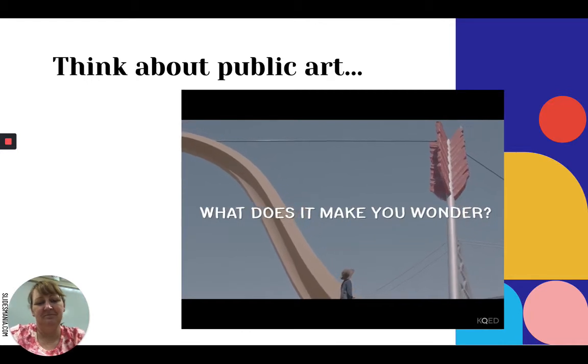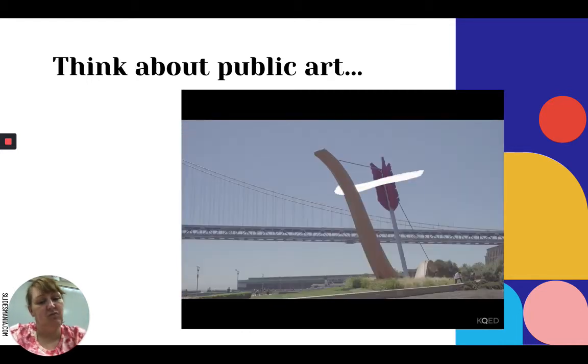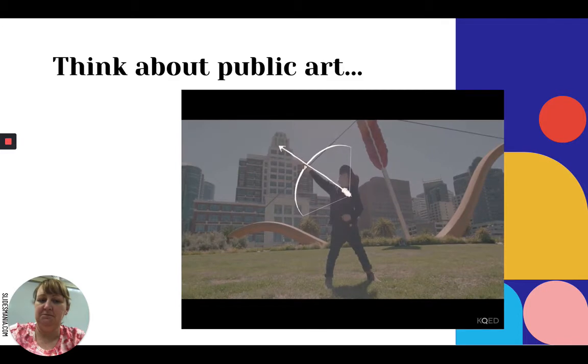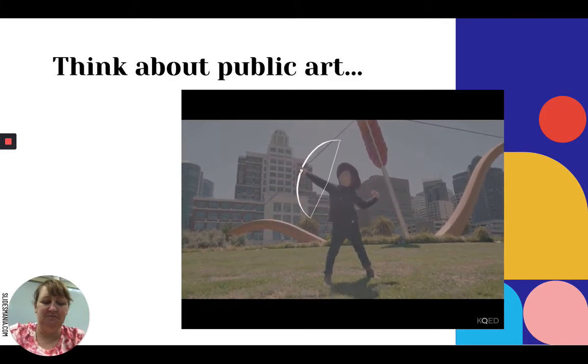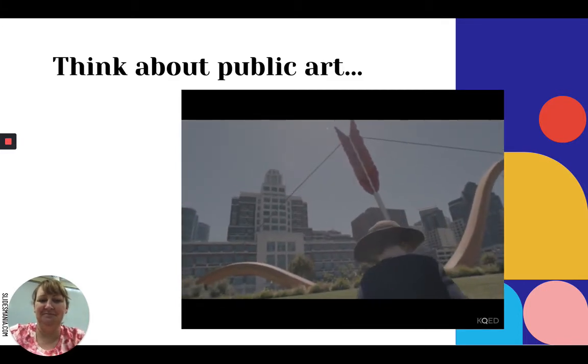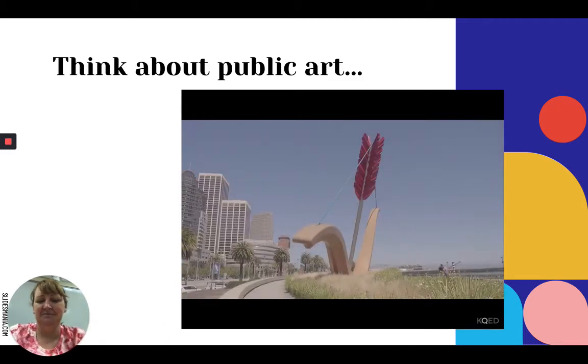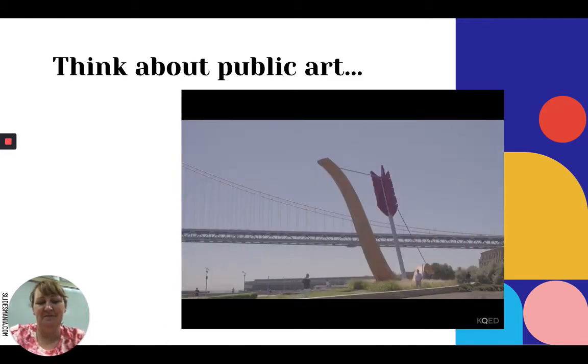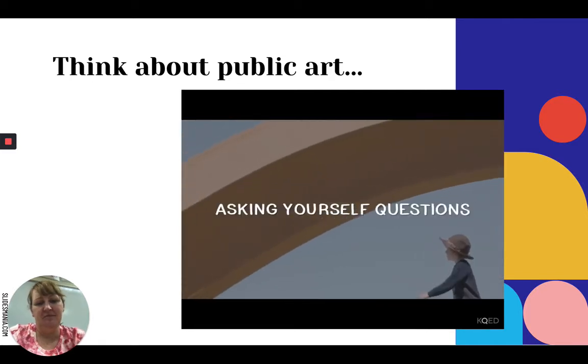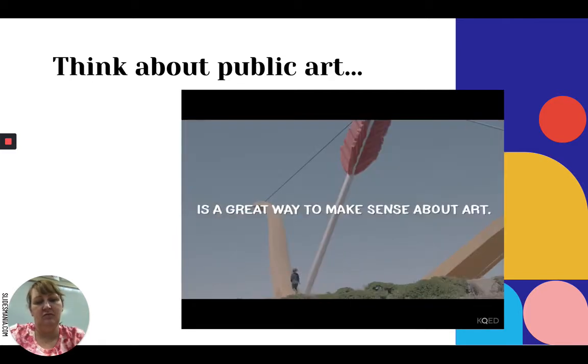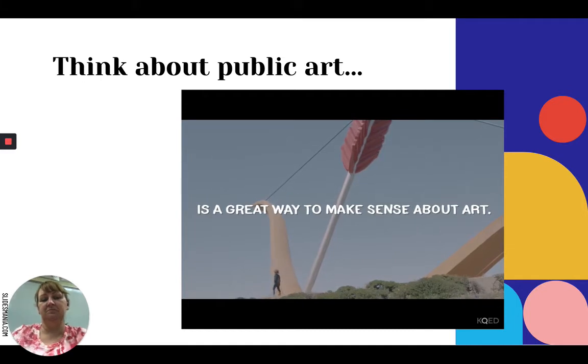What does it make you wonder? It kind of looks like a ship. Did Cupid shoot his arrow into the ground? Did he leave his heart in San Francisco? Which perspective do you like better? Asking yourself questions is a great way to make sense about art.